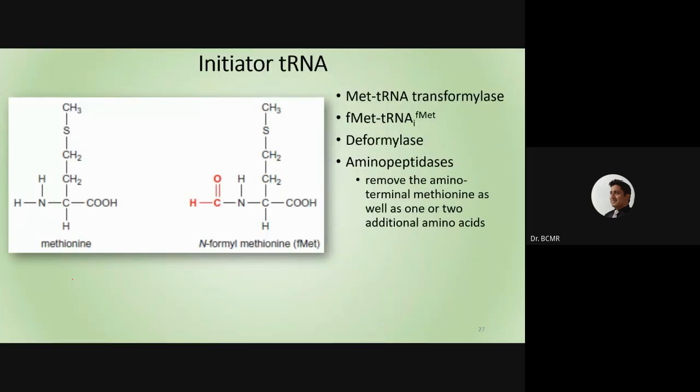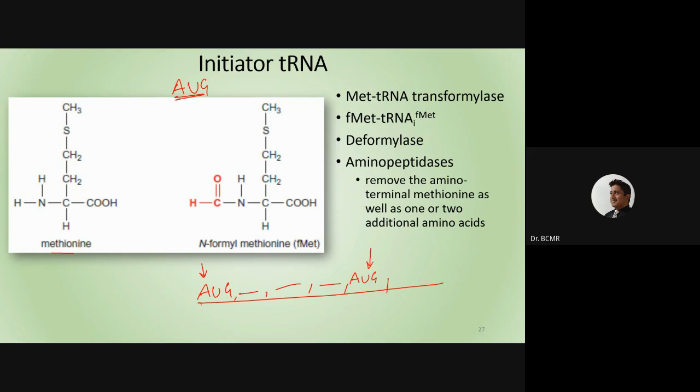But to start with, we'll have to discuss the initiator tRNA. What is the codon? AUG is the start codon for any open reading frame, and it codes for methionine. Assume this one is a codon, this is another codon, this is another, and you can have an AUG codon inside also.